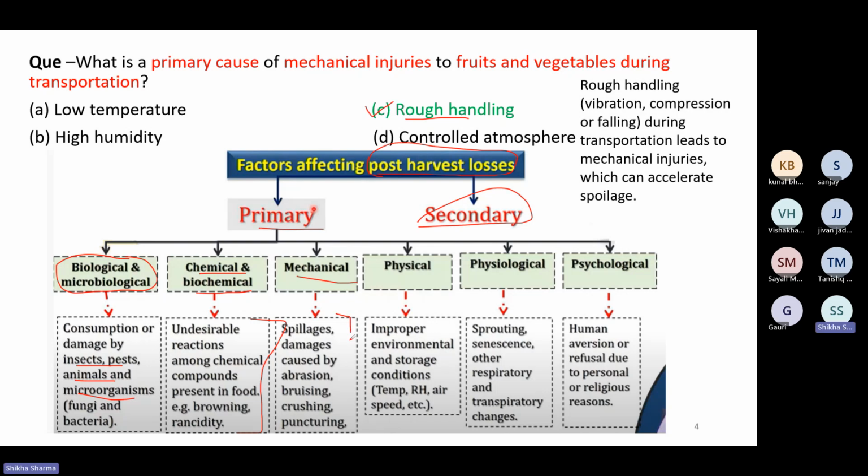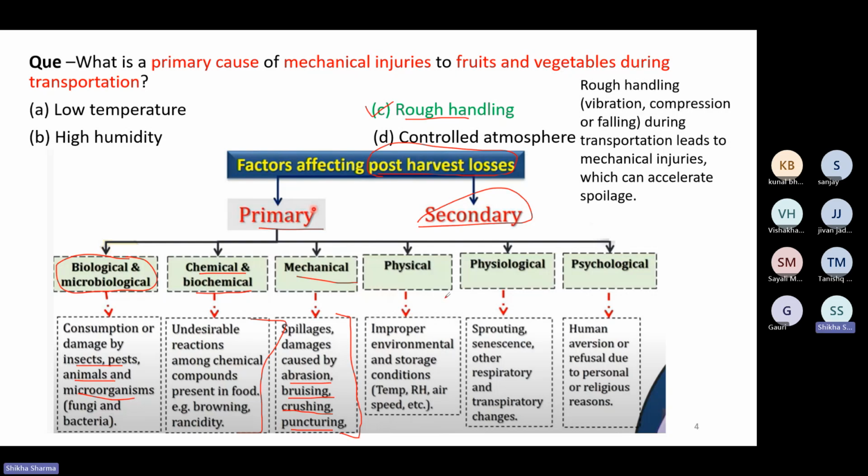There may be spillage or damage caused by abrasion when fruits and vegetables are being transported in a vehicle, and bruising can also happen, also crushing and puncturing. All these are the mechanical factors.